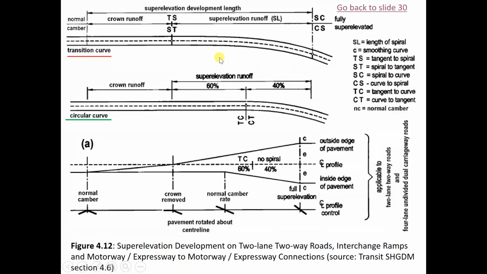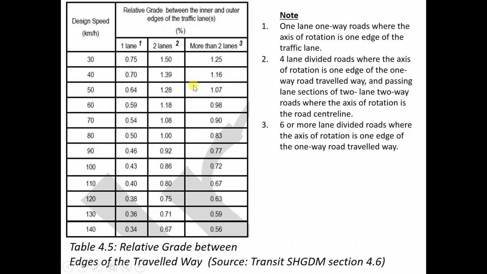If your speed is lower, then you can have a smaller radius. So the design speed will determine the radius, or rather the radius will determine the design speed. If you have a tight radius, then your design speed will be slower. If you have a big radius, then the design speed will be higher. So correspondingly, a higher radius corresponds to higher design speed and also higher super elevation development length.